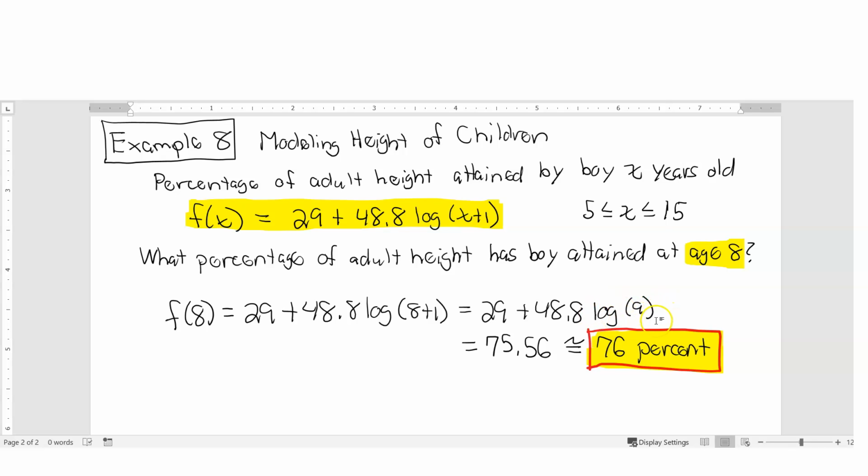Remember, that's the common log of 9. So using your calculator, we'll get approximately 75.56 or 76%. Just remember, depending on your calculator, some calculators you can enter this expression directly. Others, you may need to evaluate log 9 first, then multiply by 48.8, and then add 29 to get the correct final answer.